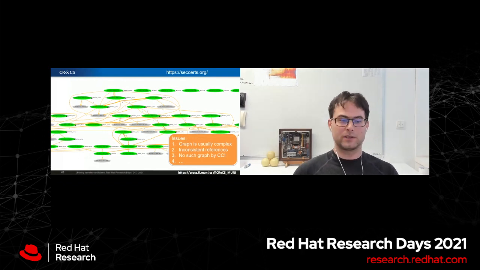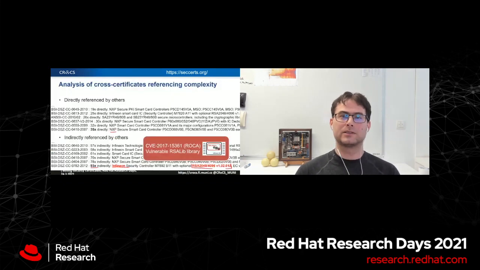And as a coincidence, this chip is with the library which is the ROCA library, the library that was vulnerable to the ROCA attack. So this is somehow showing that the reason why the vulnerability overall had a high impact was because these certificates, these smart cards, were very widely used.